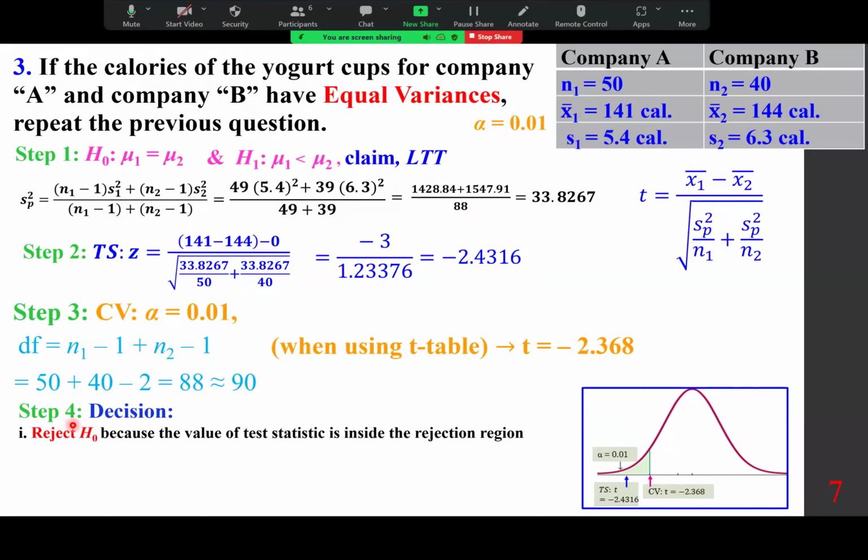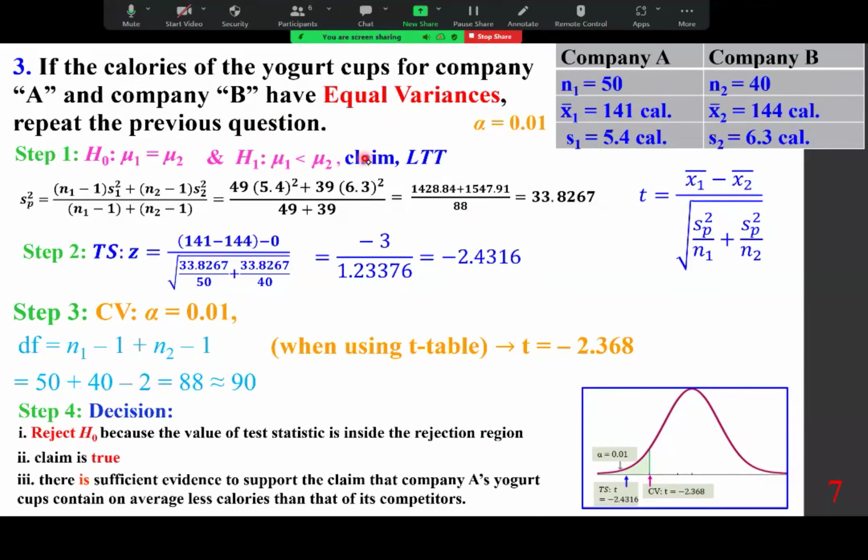So if you're rejecting H0, let's go back to the first step. You're rejecting H0, loosely put, you accept H1, you accept the claim becomes true. And you rewrite it. There is sufficient evidence to support the claim that Company A's yogurt cups contain on average less calories than that of its competitors.